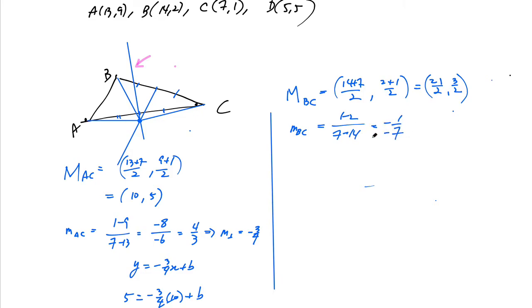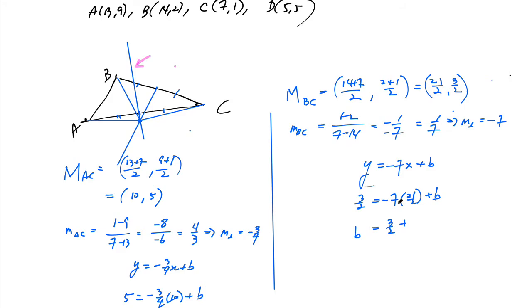Negative 1 over negative 7, so it's positive 1 over 7. So the perpendicular slope is negative 7. Plug that in. X is 21 over 2, so b is 3 over 2 plus that, which is 150 over 2, which is exactly 75. So that's the other equation.